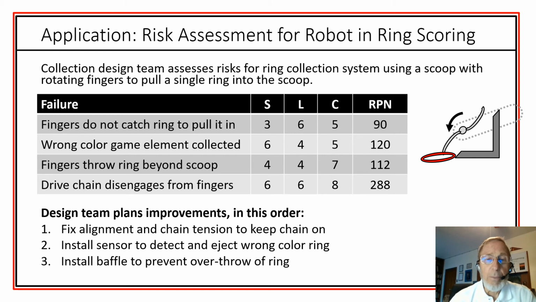The next one, next highest score, was the wrong color. That could be addressed by installing a sensor to detect the color, and if it's a wrong color, to quickly eject it so that it is ejected before you're assessed a penalty. And the third in order would be the fingers throwing the ring beyond the scoop, and so you'd address that perhaps by a baffle or some other way.